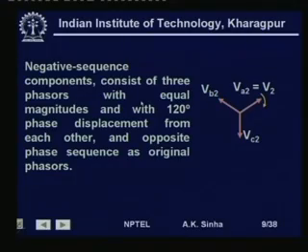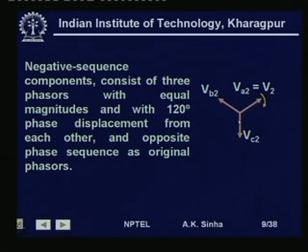phasors' phase sequence. Negative sequence components consist of 3 phasors with equal magnitudes and with 120-degree phase displacement from each other. Again here, if you see, these are 3 phasors which are equal in magnitude and have 120-degree phase displacement from each other.